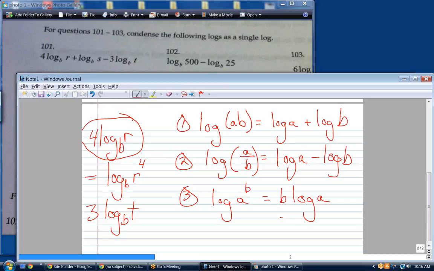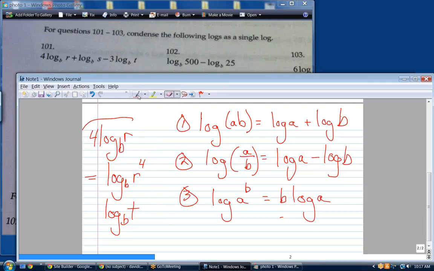Okay, make sure you say that word base. In other words, when you're going to verbalize this, make sure you say log base b of t. Because when you just say log of bt, it's different. I could think that the argument would be bt. So when you're talking logs, it's important to verbalize it properly.